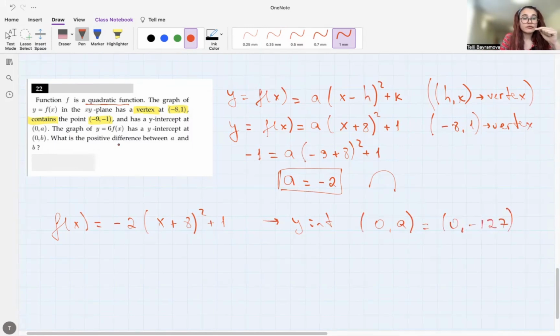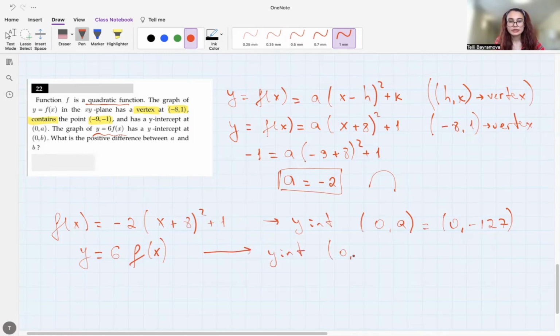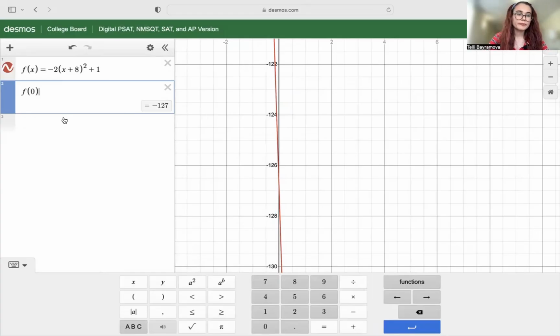And the graph of y equals 6f of x has a y-intercept. The y-intercept is (0, b). As you know, you need to multiply a by 6, but let's write with decimals. 6f of 0 is negative 762, so (0, negative 762), right? What the question asks is: what is the positive difference between a and b?